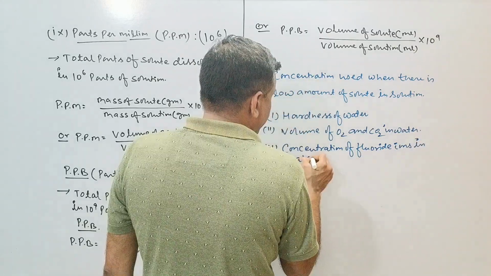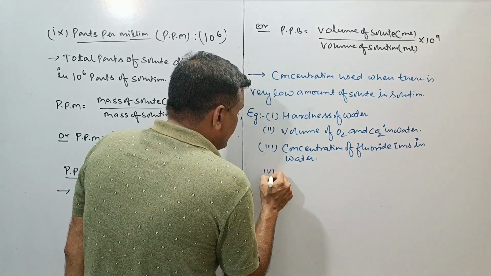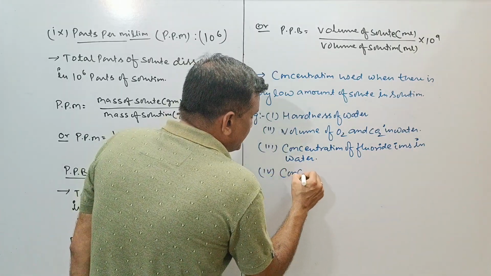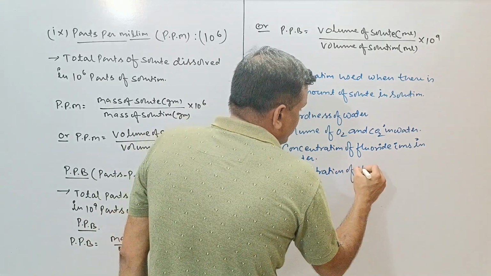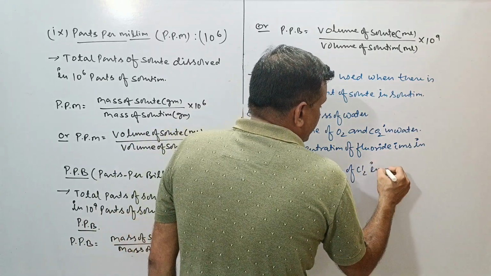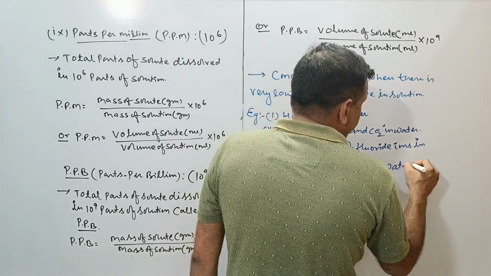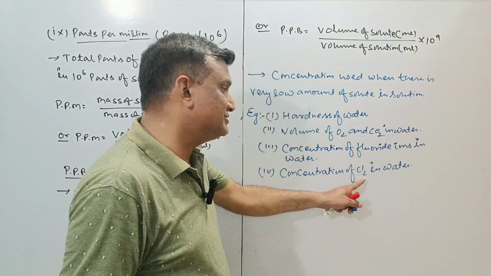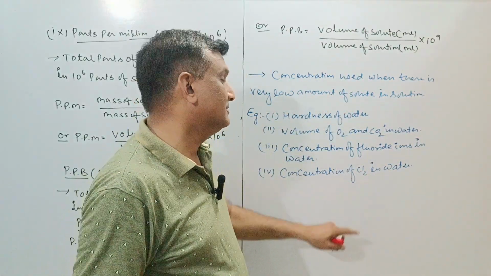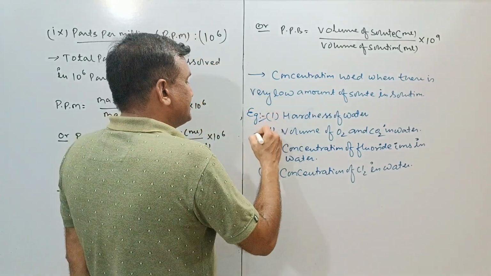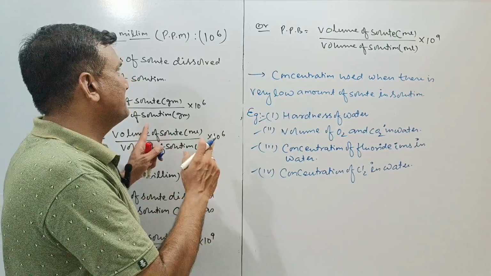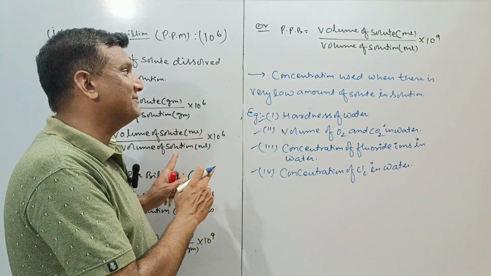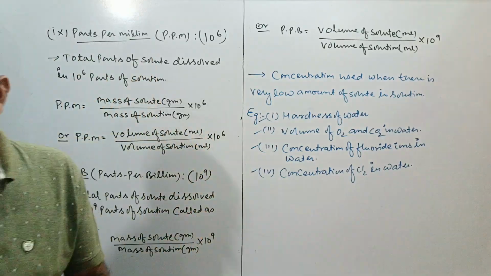And the concentration of Cl2 in water, since Cl2 is used as a disinfectant for water. So these are the ways we can use ppm or ppb, parts per million and parts per billion.